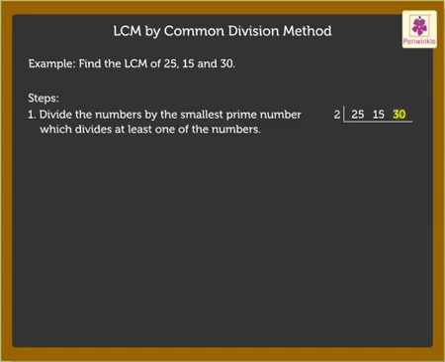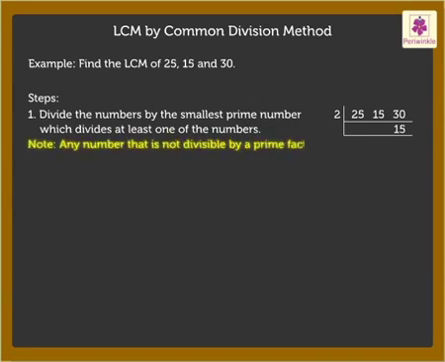Here, number 30 is divisible by 2, and 30 divided by 2 is equal to 15. Kids, any number that is not divisible by a prime factor is brought down as it is. Here, numbers 25 and 15 are not divisible by 2.